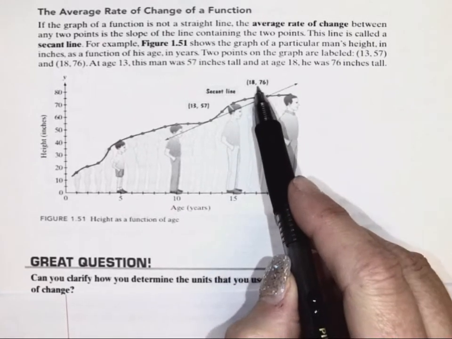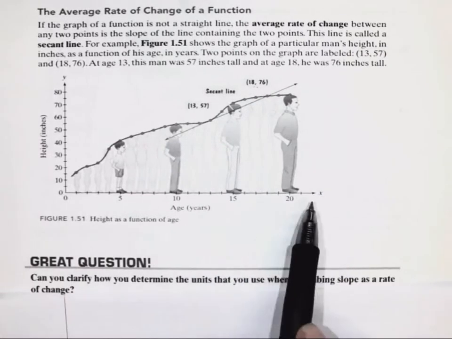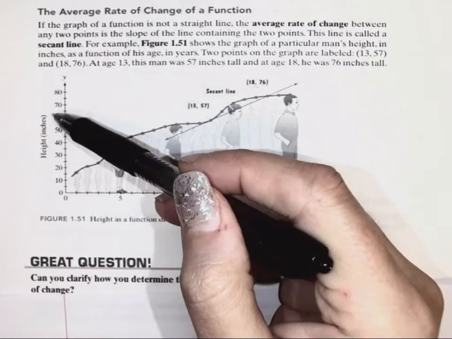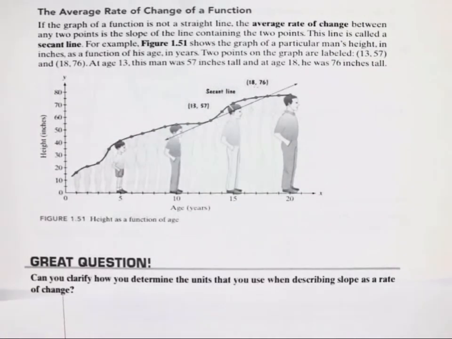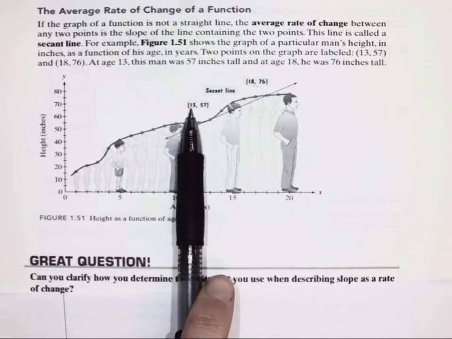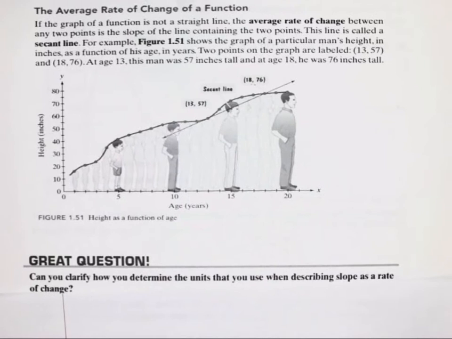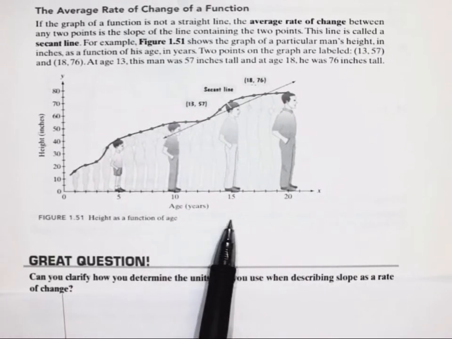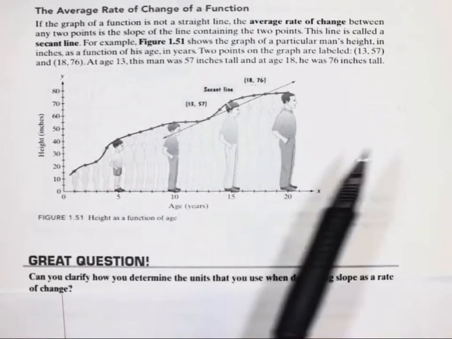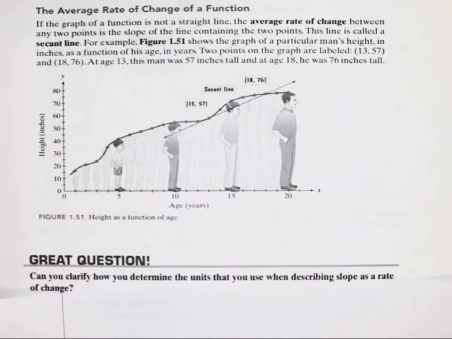What this ordered pair indicates is that at 18 years of age, since that's your x-axis, his height was 76 inches. And when he was 13 years of age, his height was 57 inches. So when you're dealing with these word problems, always take note of what your x-axis and x-coordinates units are, and what your y-axis and y-coordinates units are, what they're talking about.